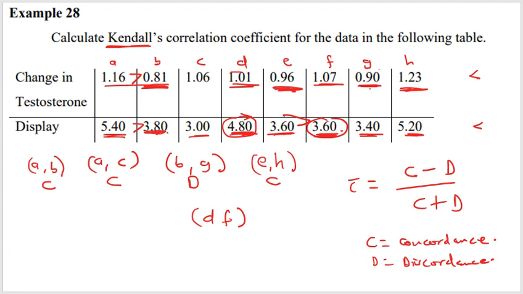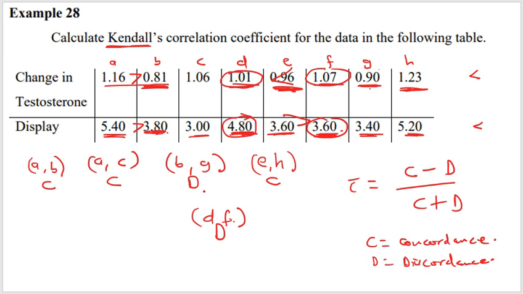But when we check from the change here, we realize that 1.01 is less than 1.07. So under the column D and F, there is a discordance. So you could see that we can check for all the various columns. When we pair the columns, we can check whether there is a concordance or a discordance. So we have to do this for all the pairs.